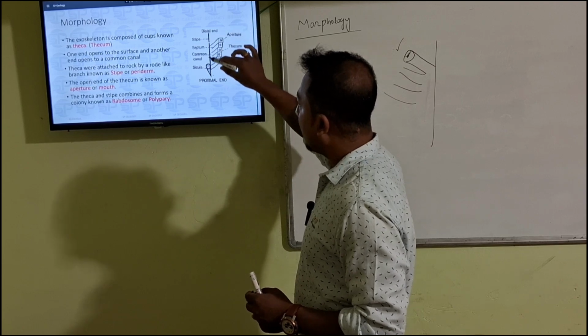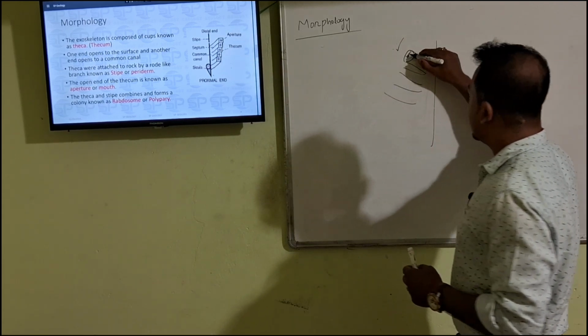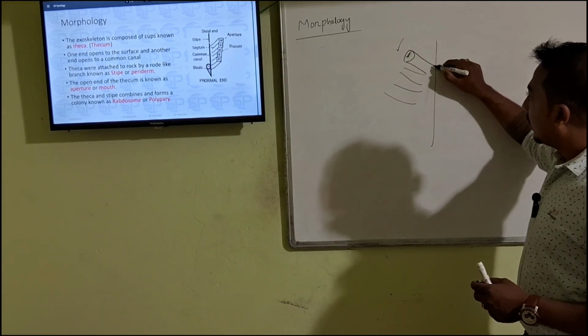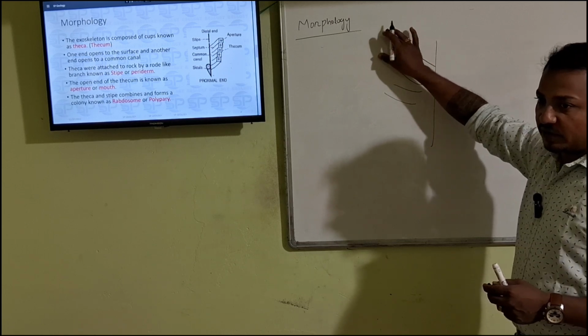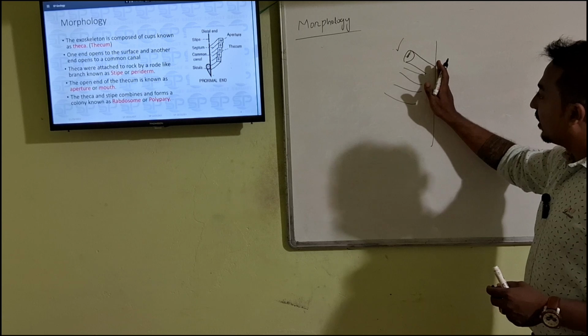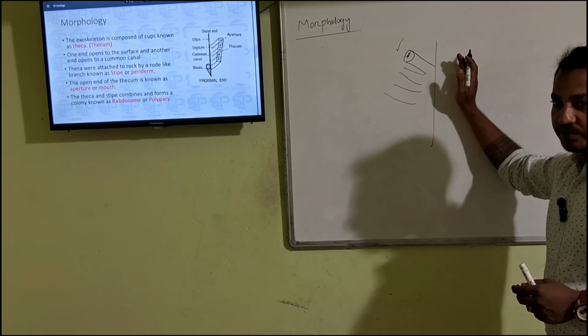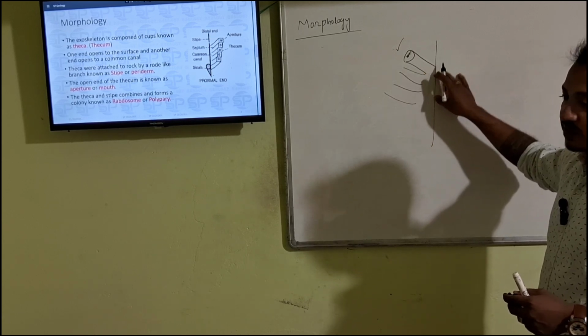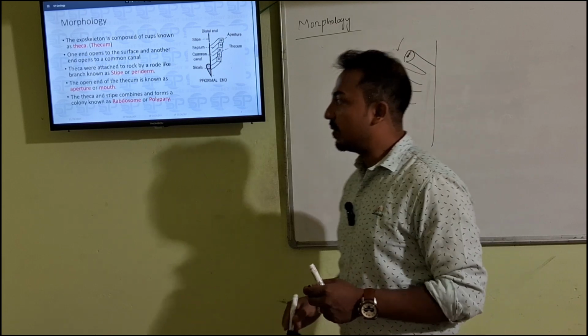This is the thecum, both ends are open, one to the surface, one to the common canal, and there is a rod that connects with the rock. This is called the stipe or periderm.